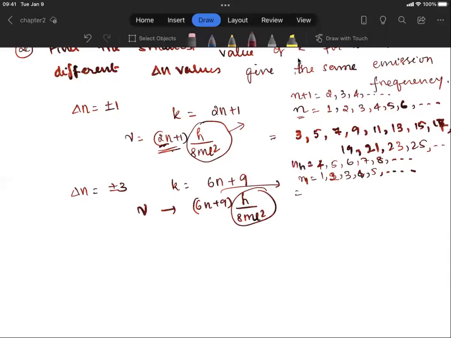So this term here would be 6 plus 9, 15, or 6 twos are 12, plus 9, 21, and then 33, 39, 45, 51, 57, and so on.